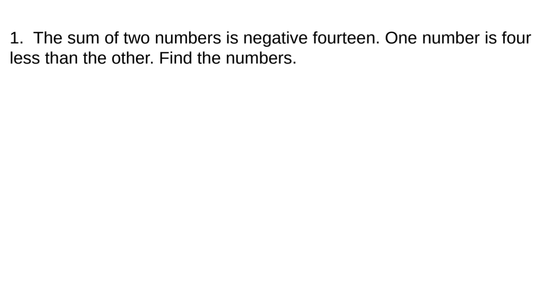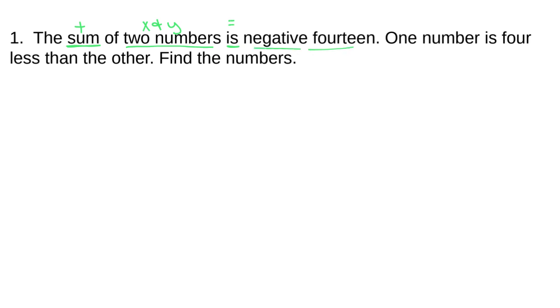So let's translate what we know. A sum means that we are going to be adding. We have two numbers, and we don't know what they are, but we could call them variables x and y. We know the word "is," not always, but a lot of times, is an equal sign.